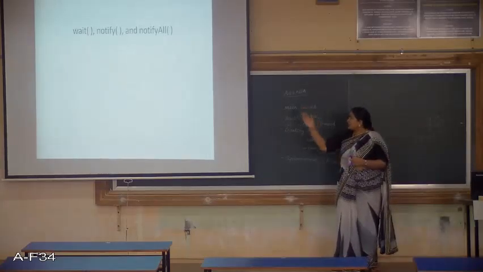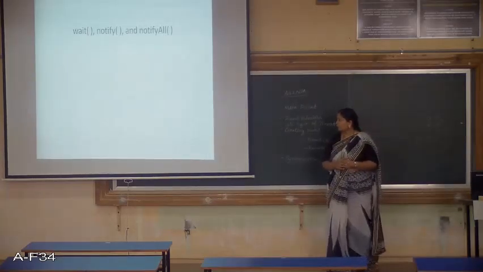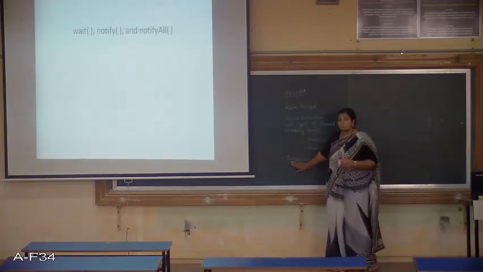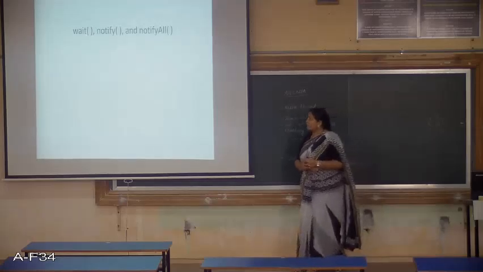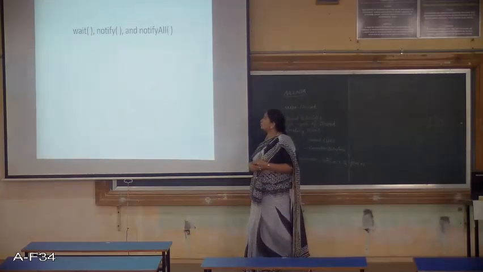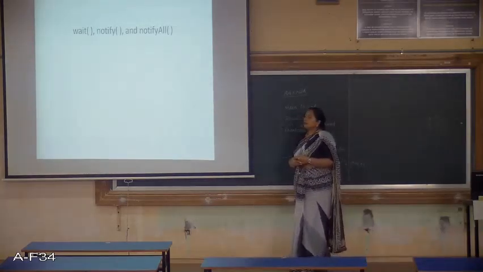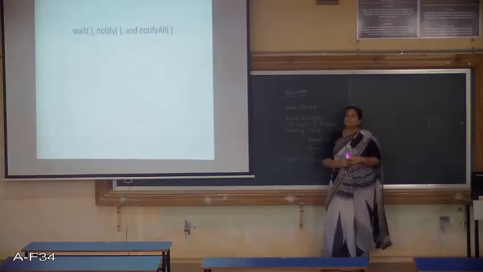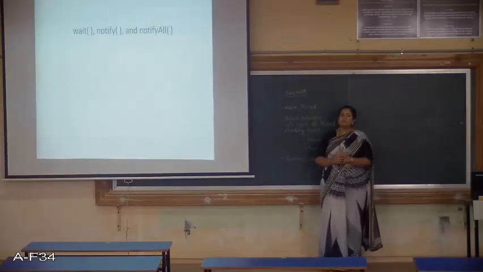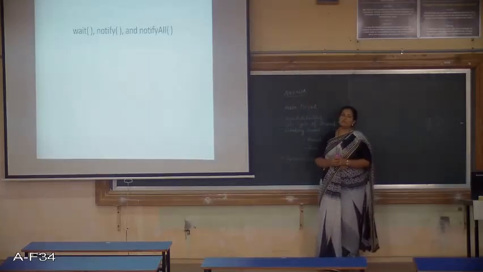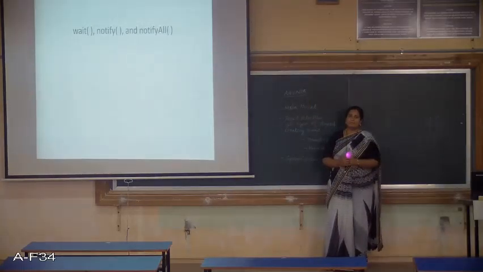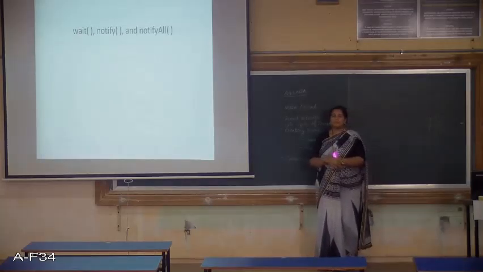So the necessity of synchronization we have discussed, and next class we shall start with the methods wait, notify and notifyAll, and we'll see some programs which can demonstrate the benefits of using these methods. So that's all for today's lecture.